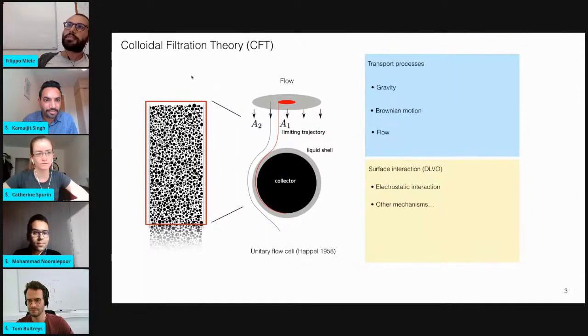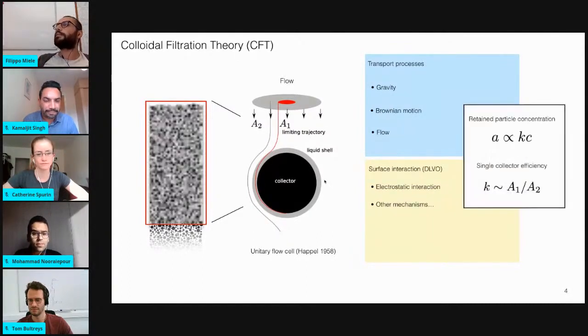Now, among all the particles that are flowing through the porous media, here represented by the area A2, only a small portion of them, passing through the area of size A1, can get in contact with the collector, so with the filter. Now, the size of A1 is driven by gravity, Brownian motion, and the flow. Once the particle gets close to the surface, then the electrostatic interaction is triggered. The particle has a non-zero probability to be attached.